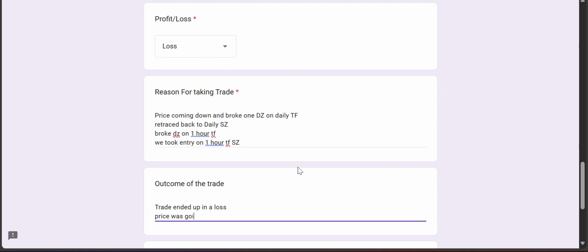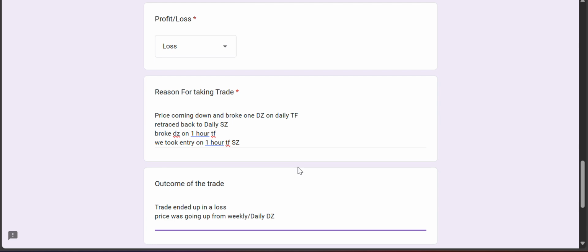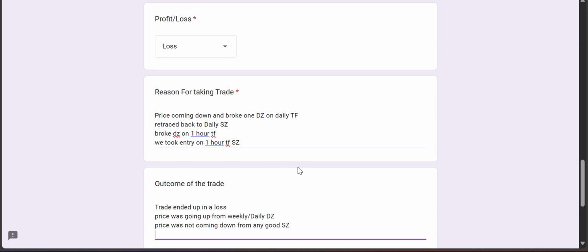Price was going up from weekly/daily demand zone. Price was not coming down from any good supply zone on higher time frame.